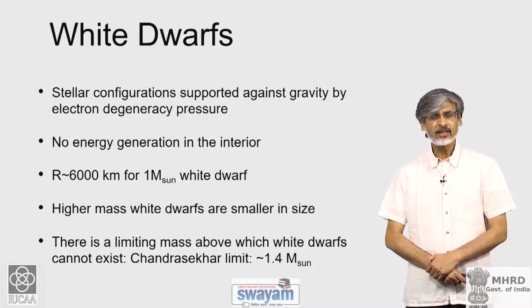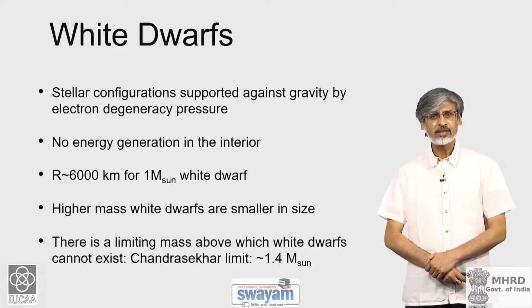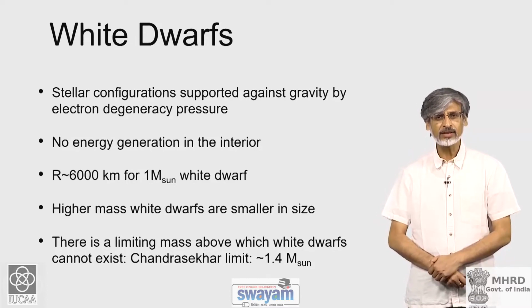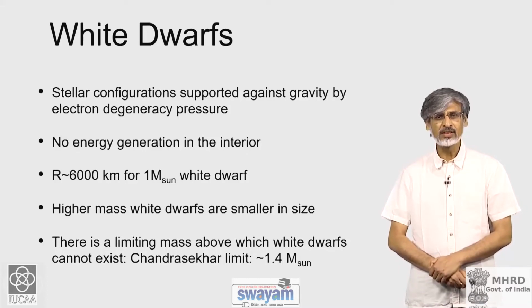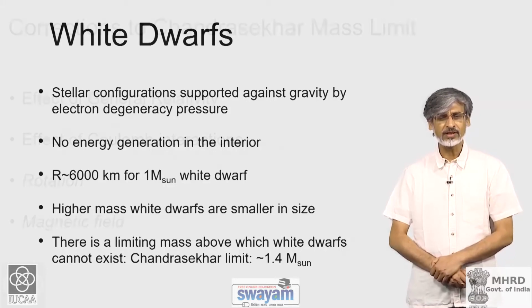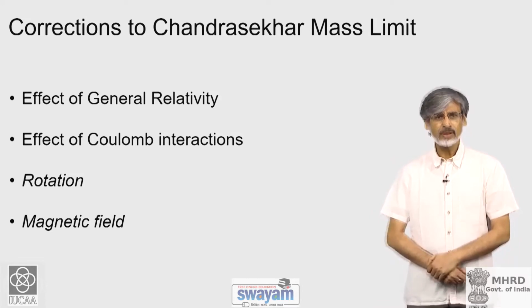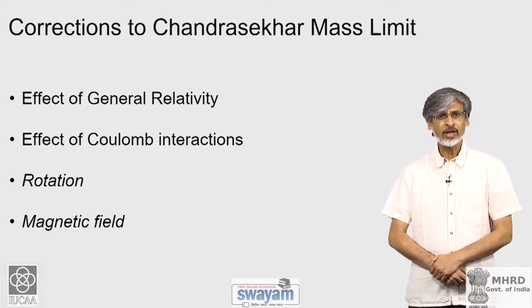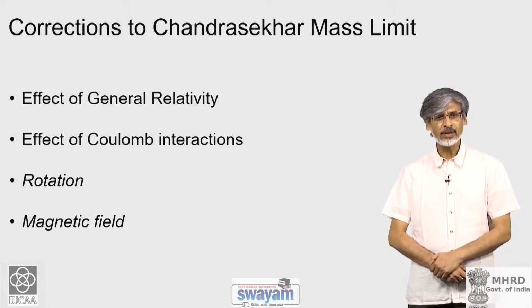Now, in reality, there are other small subtle effects which can change this value of the limiting mass a little bit, and some of these effects is what we will begin by discussing today. So, the corrections to the Chandrasekhar mass limit may arise, for example, from the effect of general relativity, from the effect of Coulomb interactions, from rotation as well as magnetic field of the white dwarf.